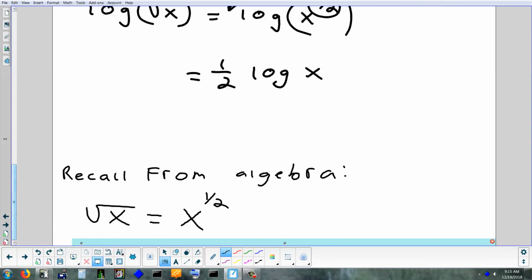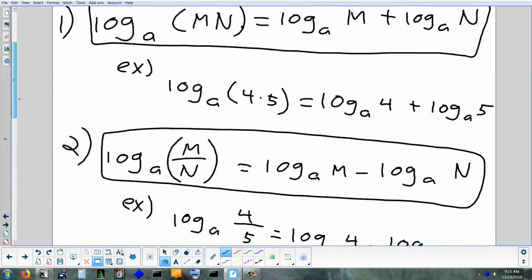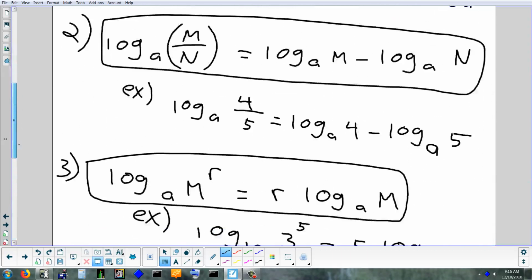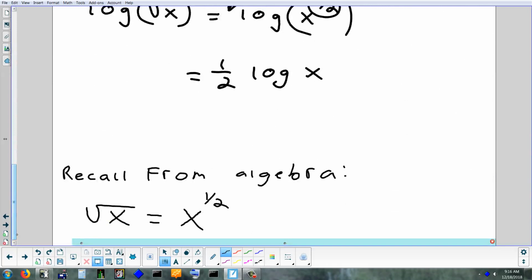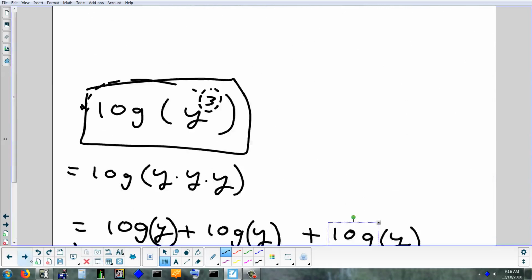Any questions on that one? Always one that trips people up on the test. Right. So now we'll just use these three properties, the one for the product, the quotient, and the exponent, and see if we can either combine logs together or take and split them apart.